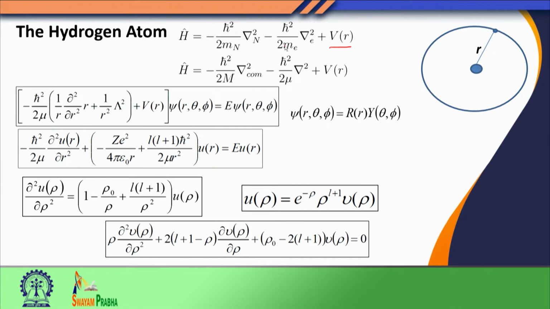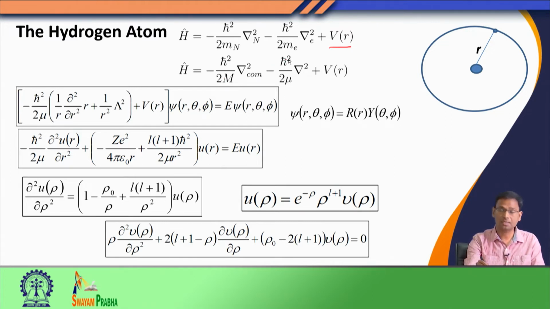Since we have this two body problem, we changed this two body problem to two effective one body problems, where the first term represents the overall translational motion of the center of mass with a fictitious mass of the nucleus and the mass of electron.